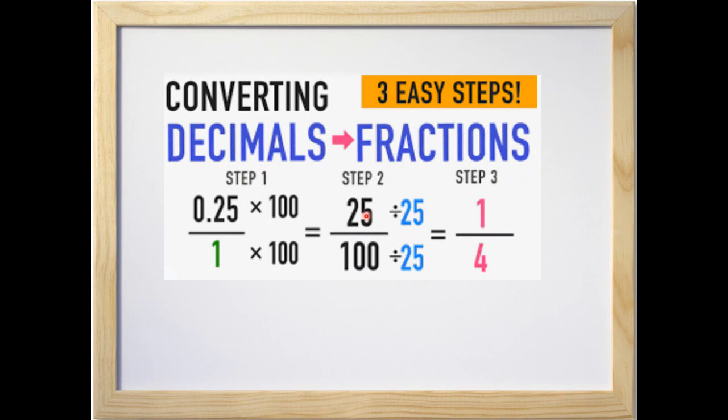So 25 divided by 25 is 1. 100 divided by 25 is equal to 4. Now 1 by 4 is the simplest form. That means 0.25 is now converted into a fraction where it is equal to 1 by 4. So 0.25 is equal to 1 by 4. Is it clear, children?